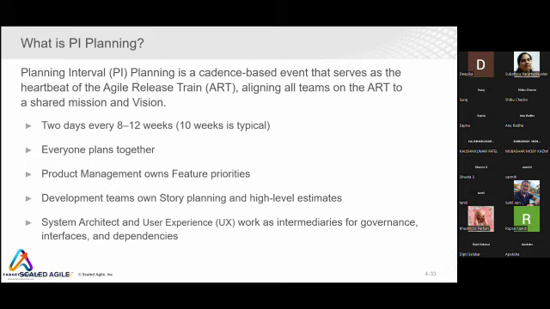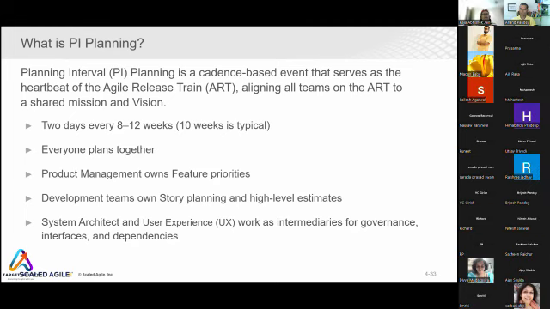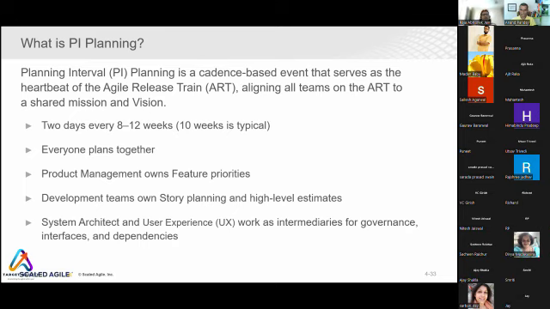For the entire 2 days, they do the planning together for a duration of 8 to 12 weeks of work. 10 weeks is typical. When I say 8 to 12 weeks, and if I consider 2 weeks as an iteration, then it's 4 to 6 iterations or 4 to 6 sprints. Sprint and iteration are nothing but the same thing. So 2-day planning happens for a work duration of 8 to 12 weeks.